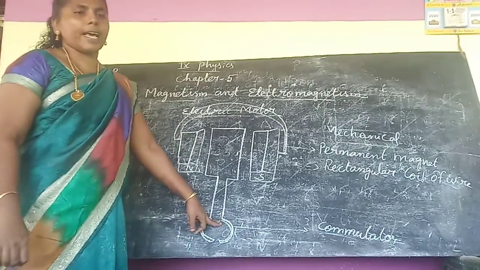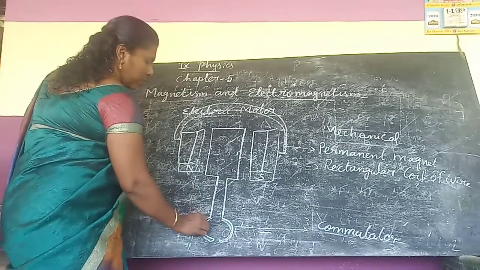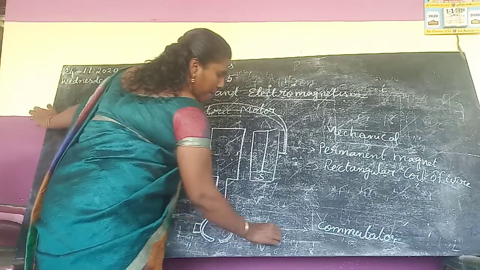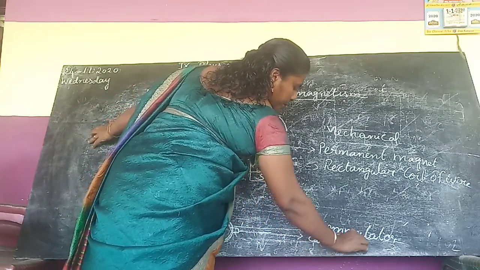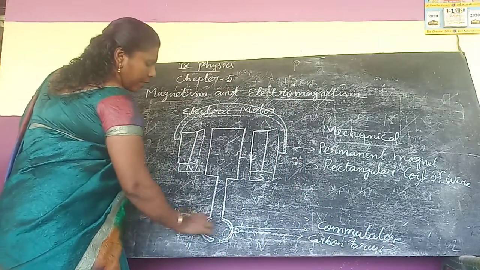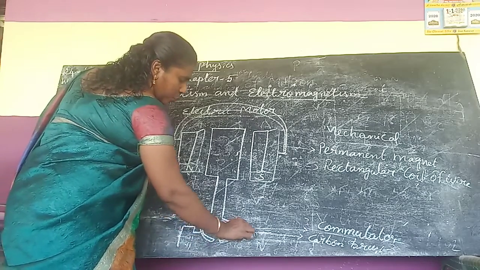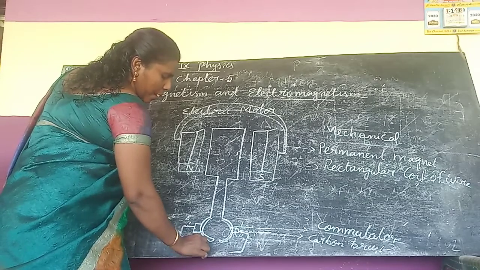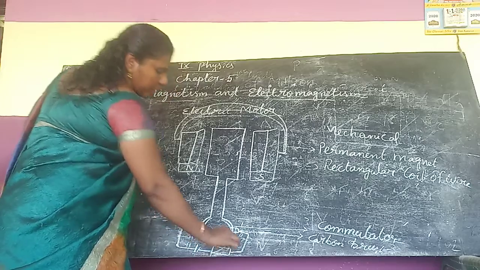It is to change the direction of current. Then carbon brushes. Carbon brush, this is B1 and this is B2. Now at the two ends of the carbon brushes, external circuits are attached: a battery and a variable resistor.